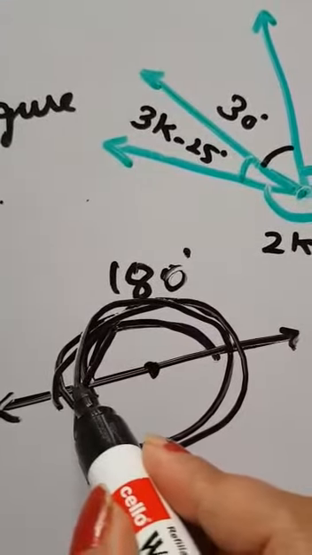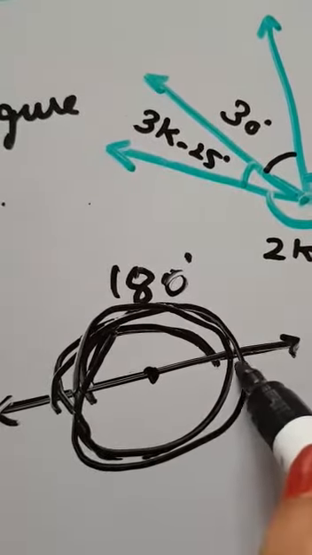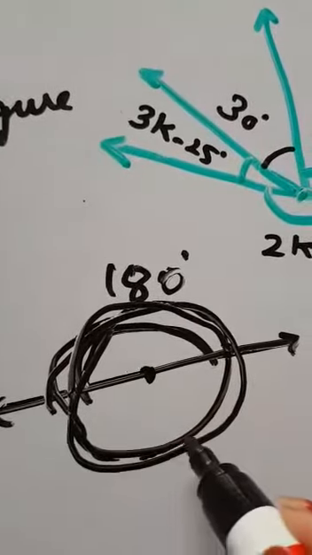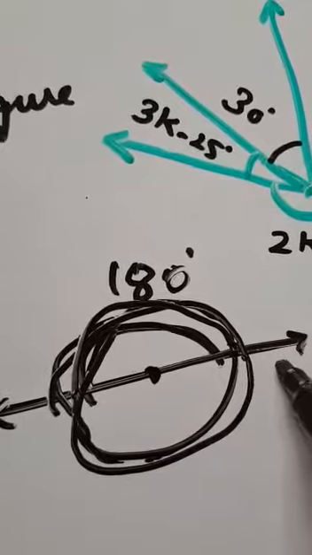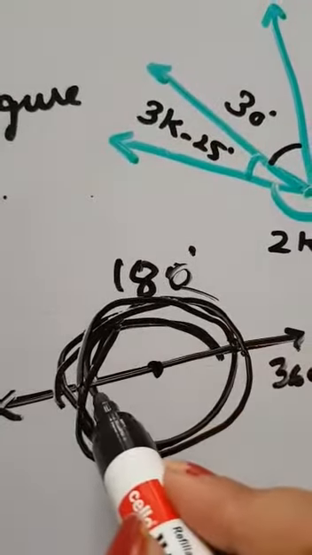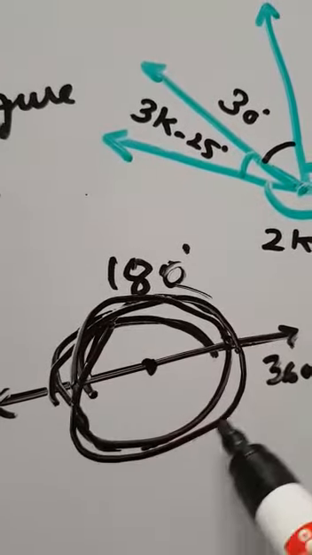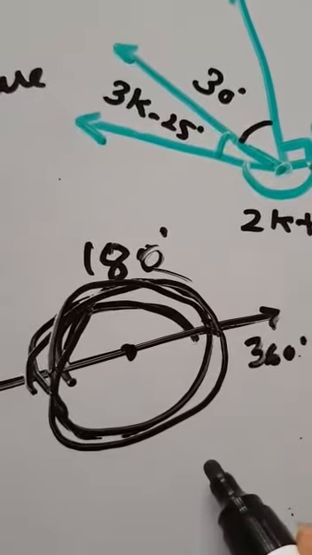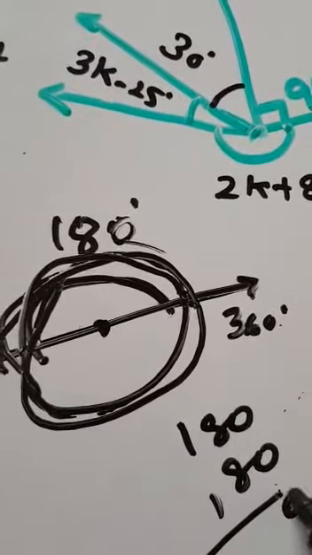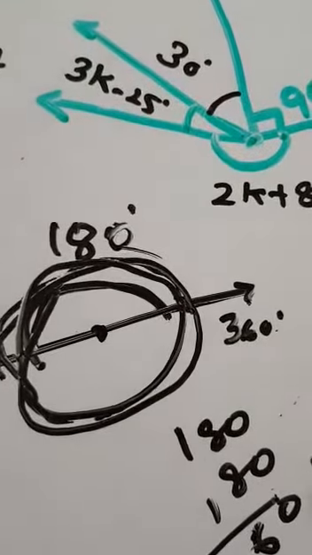And if I move further and again reach this point, moving all around, it is 360 degree. How? Half semicircle is 180 degree, another half semicircle is again 180 degree. 180 plus 180 will give you 360 degree.